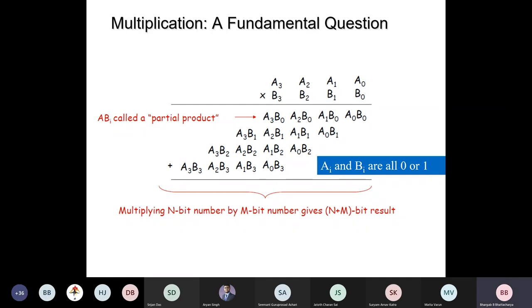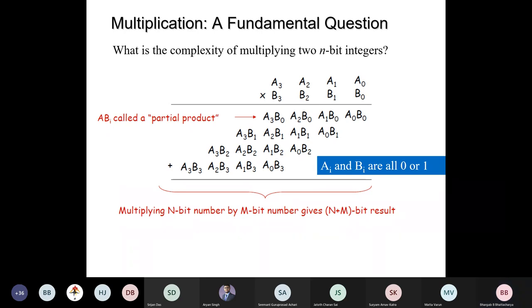A's and B's are here, all zeros and ones. These partial products you have to compute anyway, right? So what is the complexity of multiplying two n-bit integers from an algorithmic perspective? This is a fundamental theoretical question.